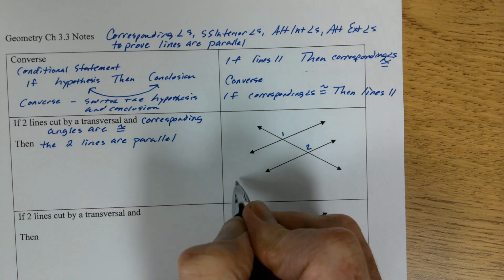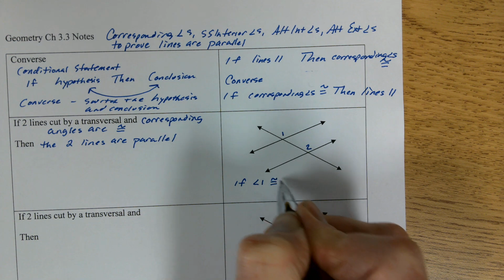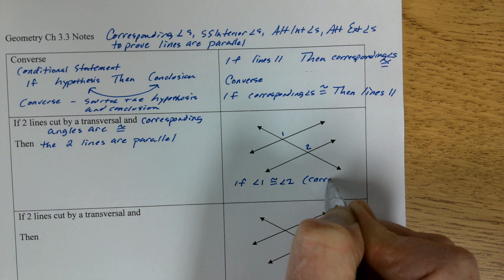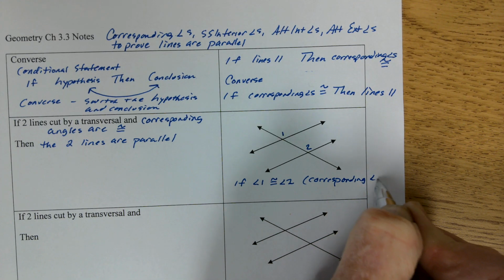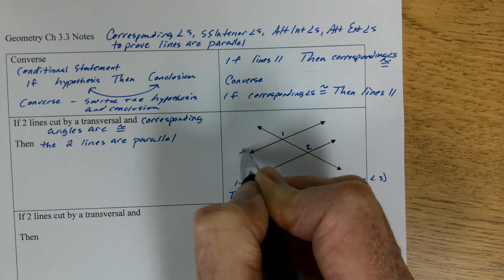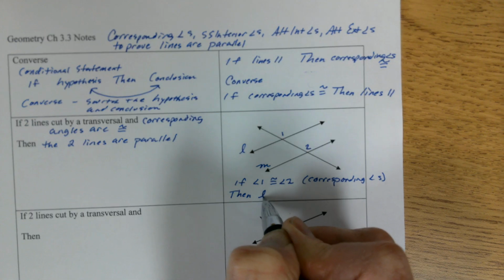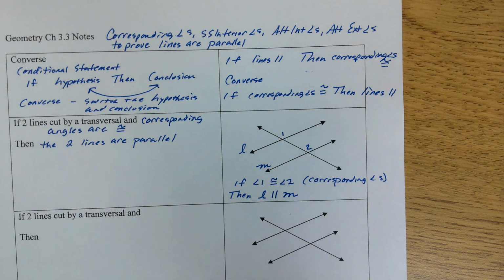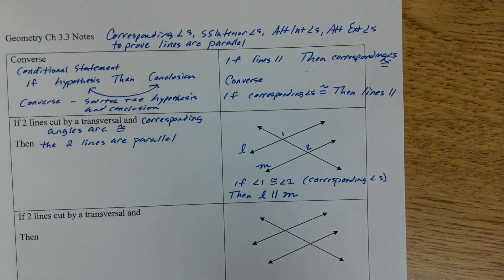Now we'll do it with symbols. If angle 1 is congruent to angle 2, those are corresponding angles, then we'll call this line L, this line M. Line L is parallel to line M. Let's look at it one more time.